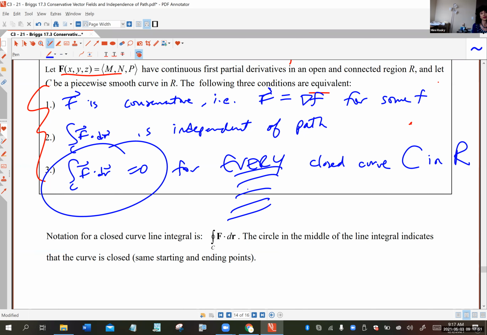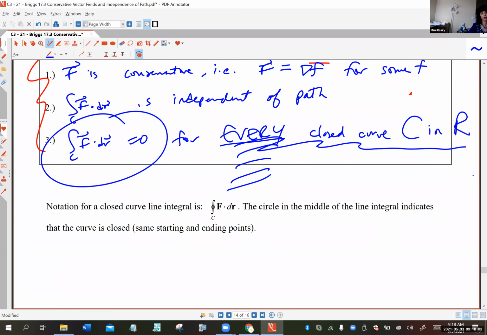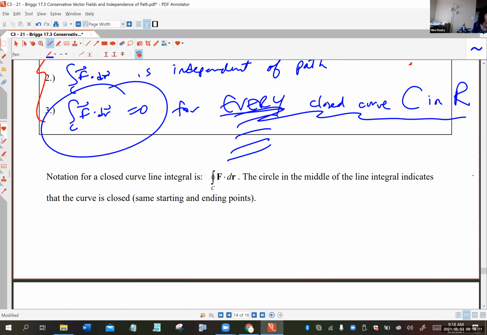Your line integral was 0, but it's not true for every closed curve C in R. That line integral would have to be 0 for any and every closed curve. So if you just found one that gave 0 and the other ones aren't, then you don't get the other 2 for free. Sorry, so it's a little bit tricky.